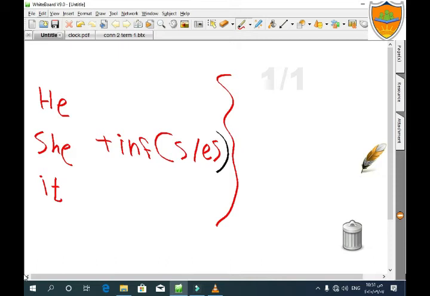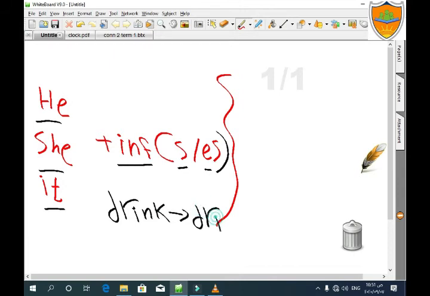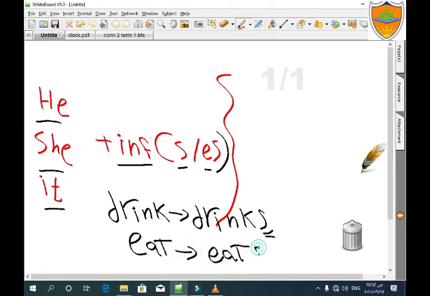And we use with he, she, and it the infinitive plus s or es. Infinitive like the verb drink became drinks. We put s. Eat became eats. We put s. What about go?